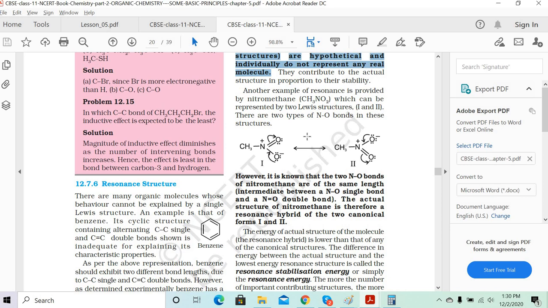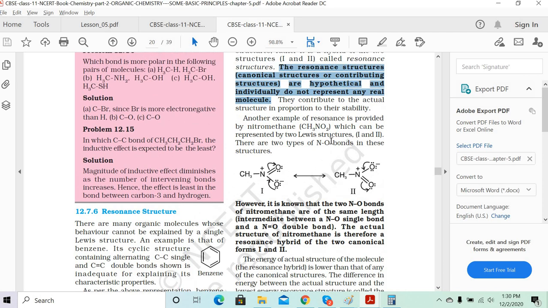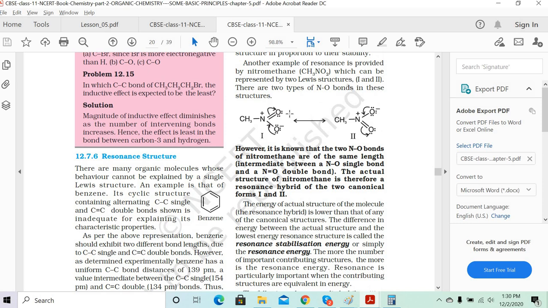Now, in the second figure, similar thing. Since this is a resonance structure, the bond between nitrogen and oxygen will show a different value. It is neither a single bond nor a double bond; it comes between the single bond and the double bond.